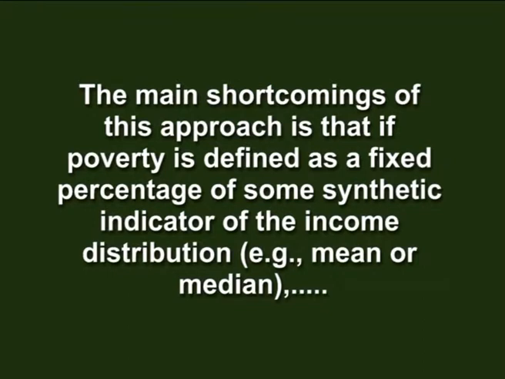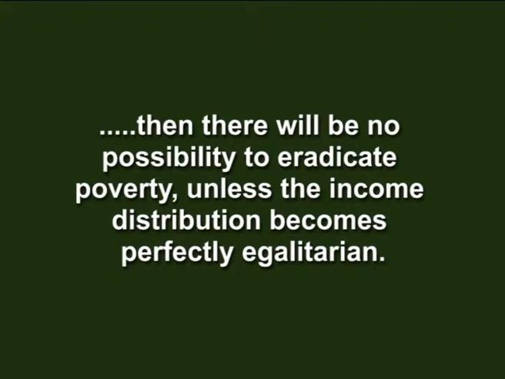The main shortcoming of this approach is that if poverty is defined as a fixed percentage of some synthetic indicator of the income distribution, for example, mean or median, then there will be no possibility to eradicate poverty unless the income distribution becomes perfectly egalitarian.